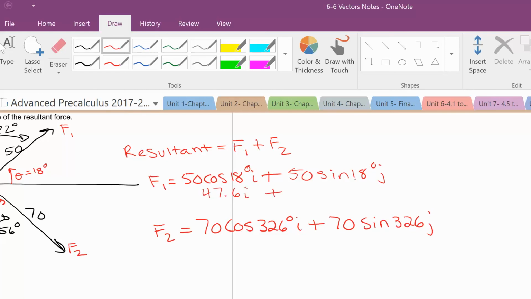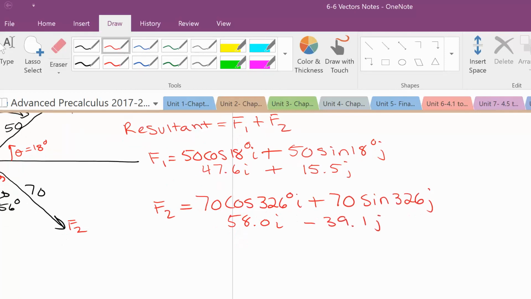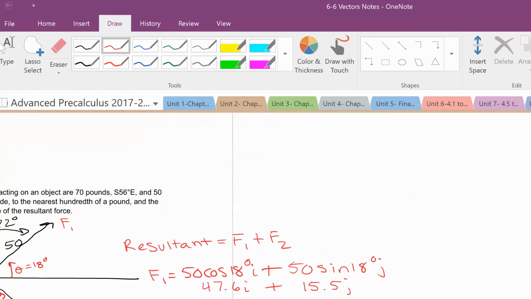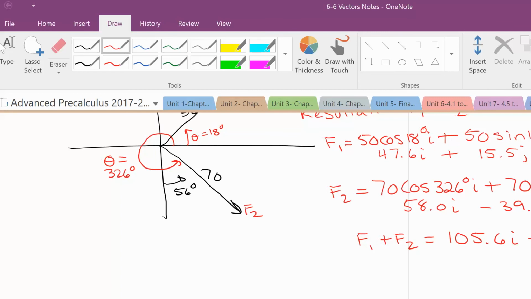And 50 sine 18 is 15.5 j. 70 cosine 326 is 58.0 i, and 70 sine 326 is negative 39.1 j. So when you add those together, it gives you the resultant of 105.6 i minus 23.6 j. That's the resultant vector.